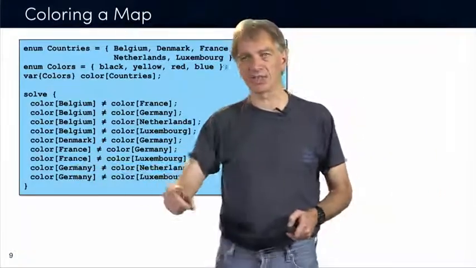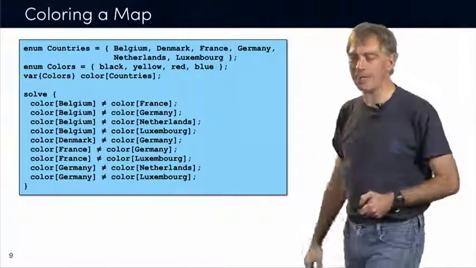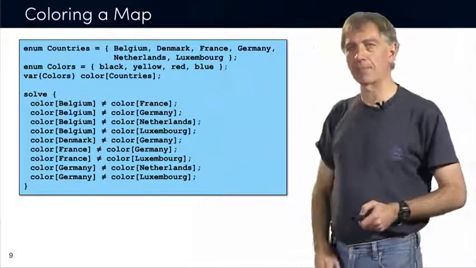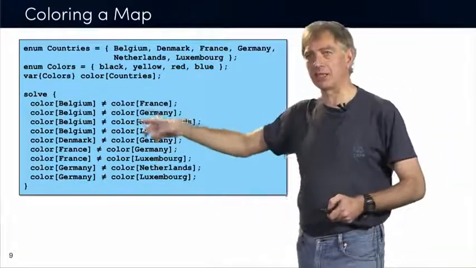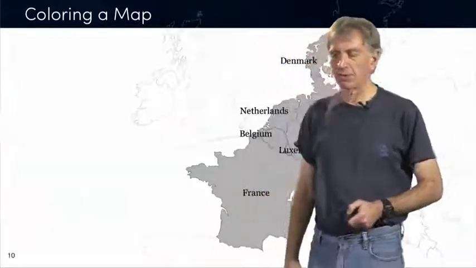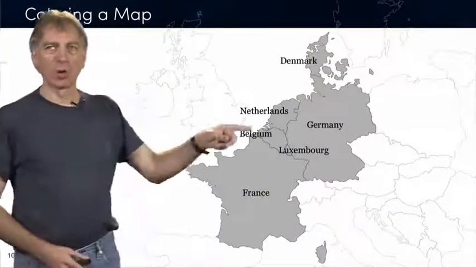These two countries are adjacent, so you don't want them to be colored with the same value. That's essentially a high-level model of a constraint program, with constraints specifying the relationships between these decision variables. This is this small part of Europe where you see all the countries.